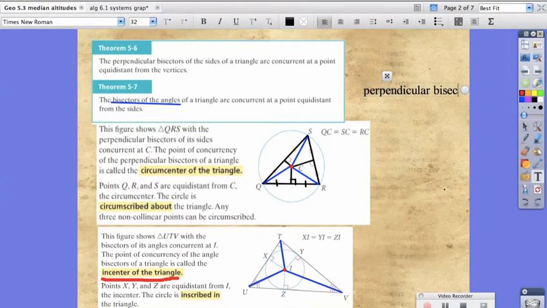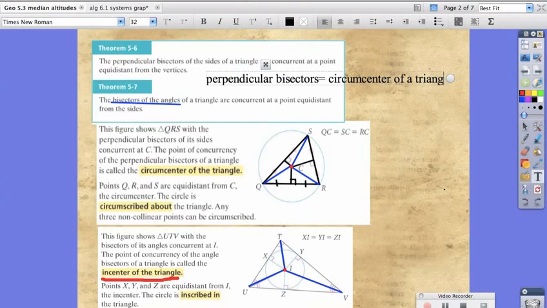Perpendicular bisectors equals circumcenter of a triangle. Angle bisectors translates into inscribed circle in a triangle.